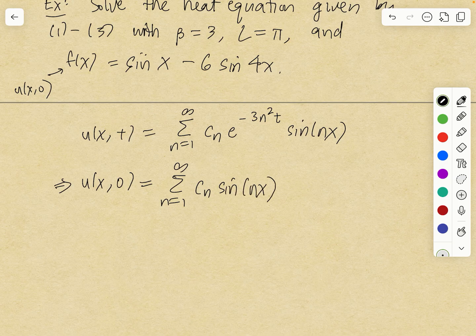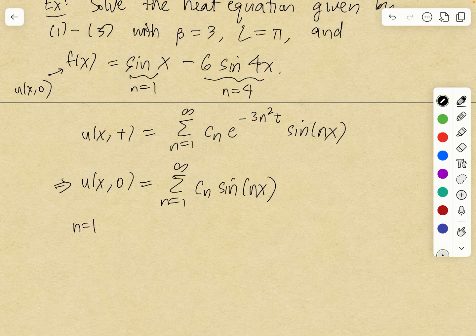And then you match that with your f of x. So when you match that with your f of x, what are the only n's that are relevant here in this infinite sum? So you have a sine x, that's when n equals 1, right? Because sine of 1x. And then this negative 6 sine 4x corresponds to n equals 4, because you get sine of 4x.